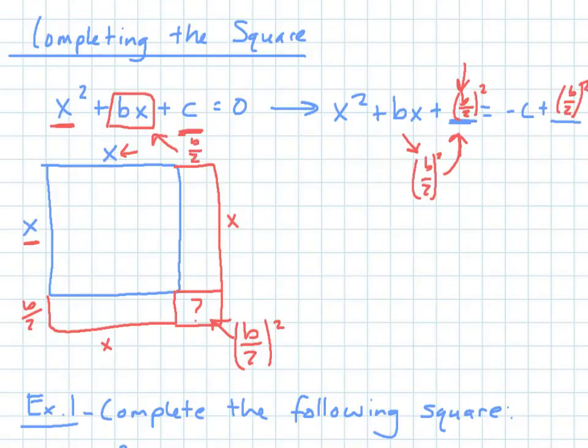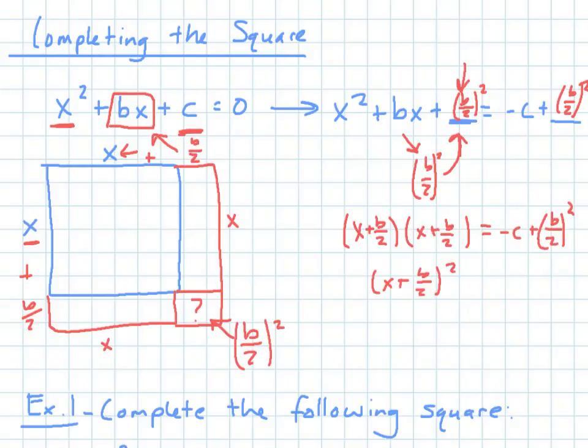And then it ends up where when we want to factor out the x squared plus bx plus b over 2 squared, then because of our new square that we made, we have sides of x plus b over 2. And then you can combine those to get x plus b over 2 squared.